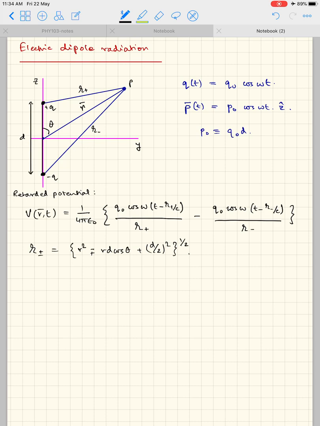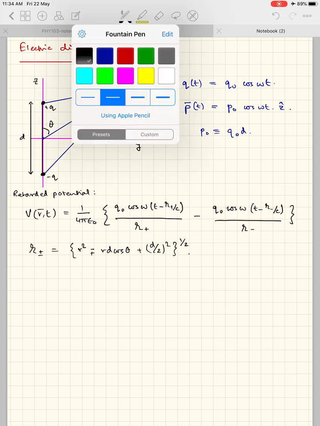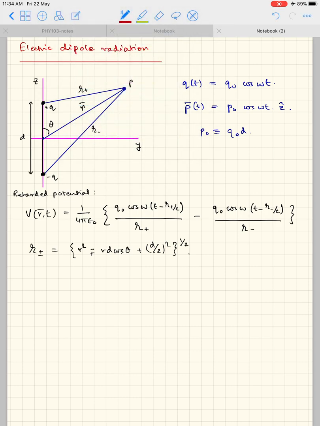So approximation 1 is d is much less than r.